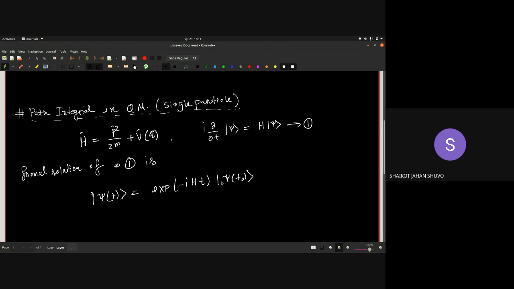I hope everyone knows about these basics, right? Where the exponential is like a unitary matrix, or unitary operator. Yeah, this is a unitary operator, exactly. And the unitarity is necessary because of the probability conservation.